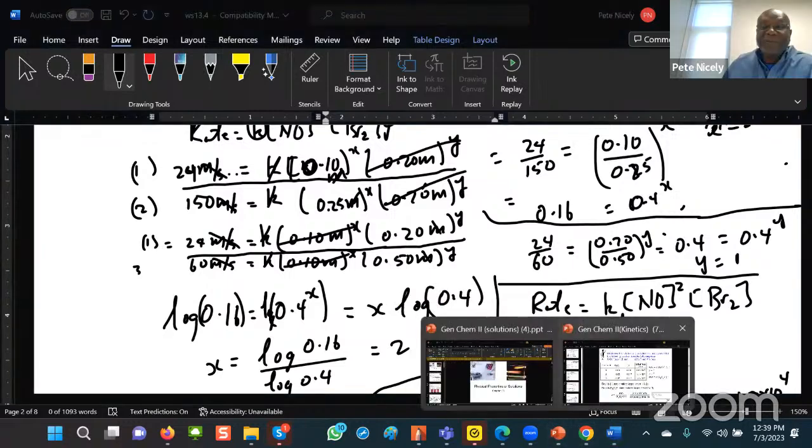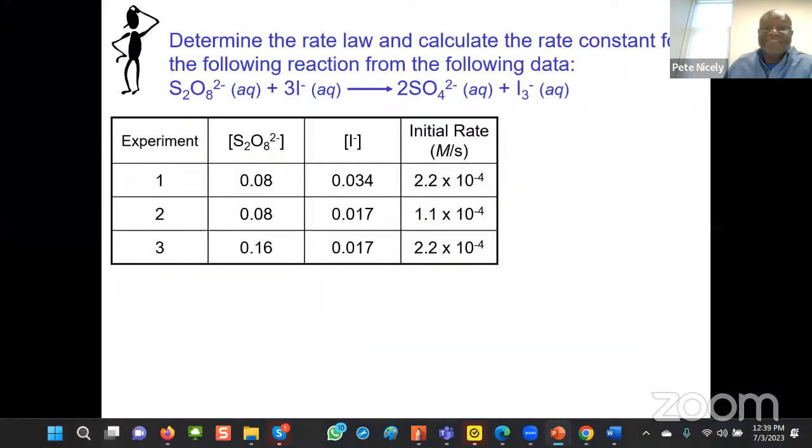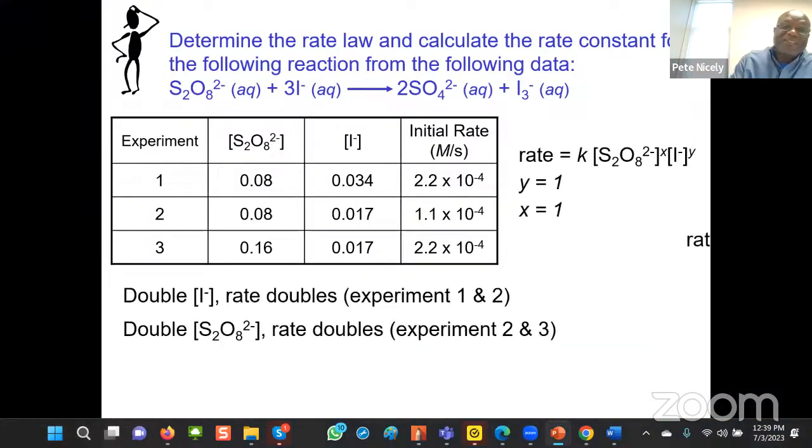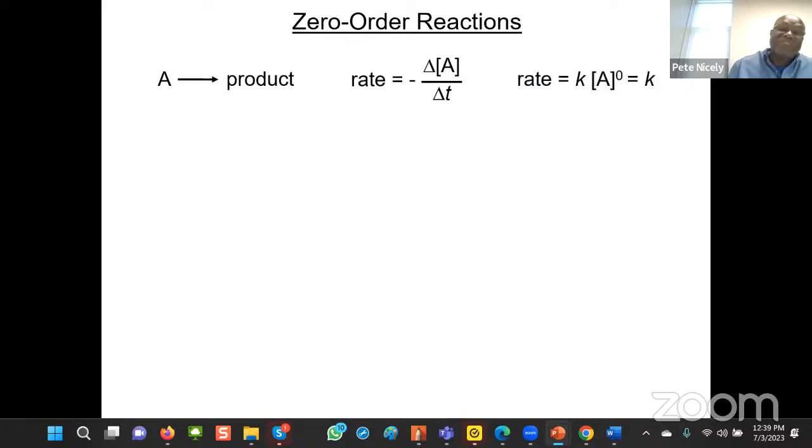Okay, so let's talk about some specific instances of reactions of specific orders. All right. So let me just skip all this here. Okay, so firstly, I'm going to talk about zero order reactions. In the case of zero order reactions, you're going from your reactant to your product. And because it's zero order, what that means is that the rate of the reaction, which is given by the negative change in concentration of A over change in time, would be equal to K, the rate constant, times the concentration of A raised to the 0 power.